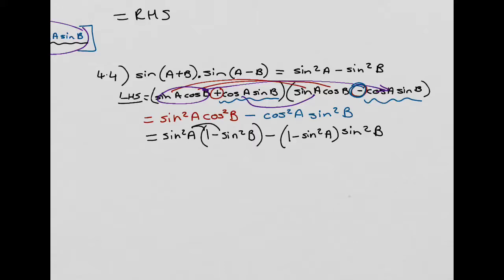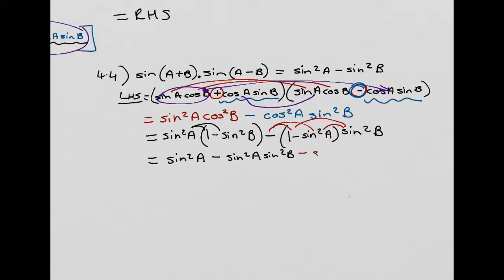If I now distribute some algebra here, I'm going to get sine squared A minus sine squared A sine squared B. And then I'm going to get the same thing here, but be careful. It's going to be the sine being distributed and the negative being distributed. So effectively I'm distributing a negative sine squared B in.